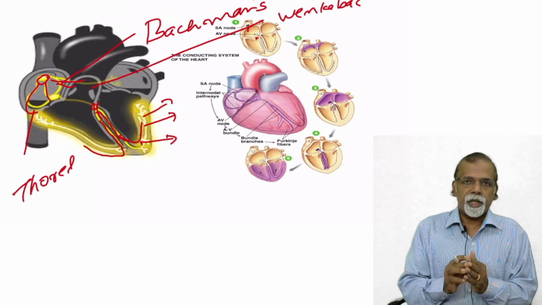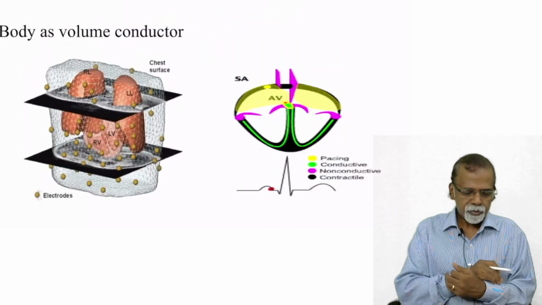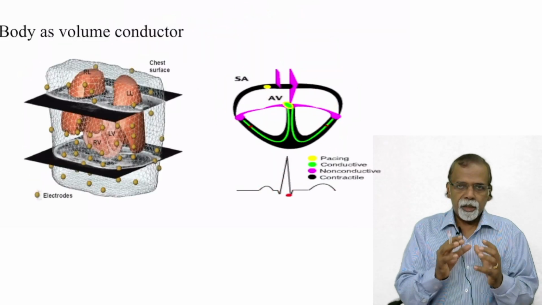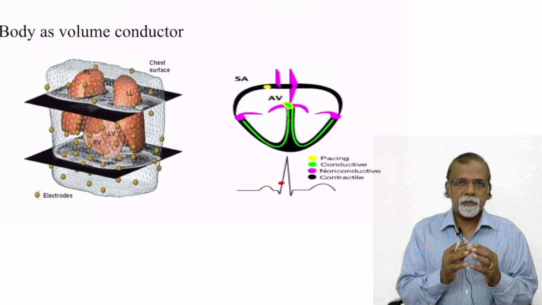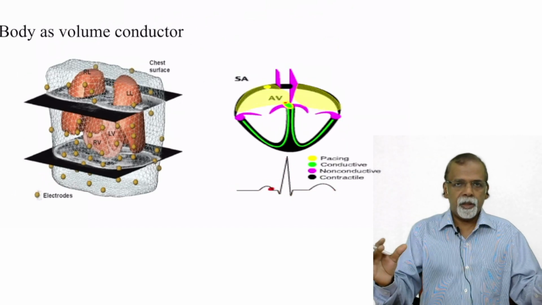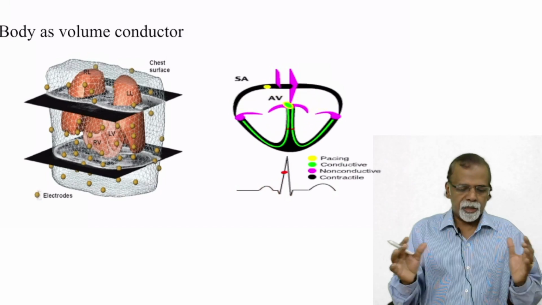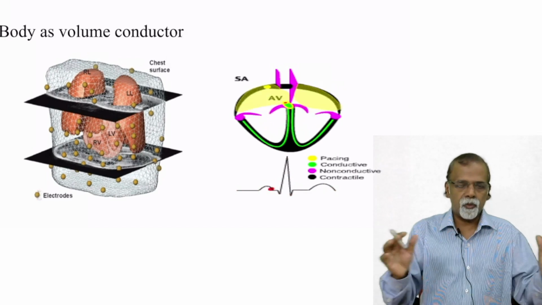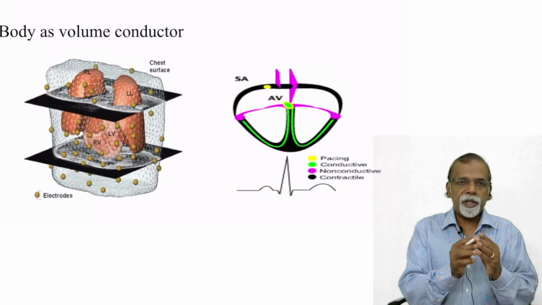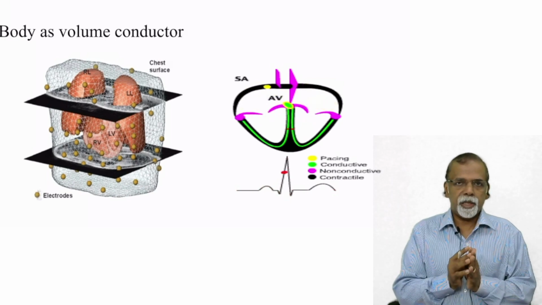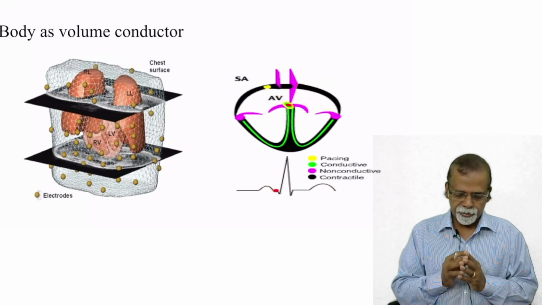Hope this is clear to you. The cardiac action potential that is produced in the thorax is transmitted. Fluid is a good conductor of electrical activity, and the chest acts as a volume conductor. The body acts as a volume conductor, and from different parts the electrical impulses can be recorded. That is how the ECG is taken.